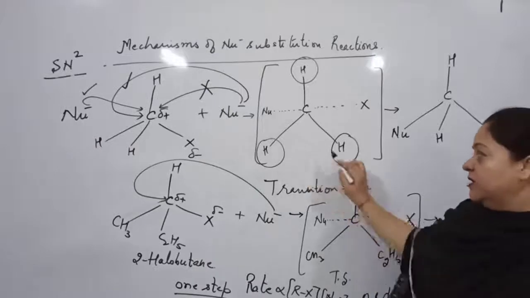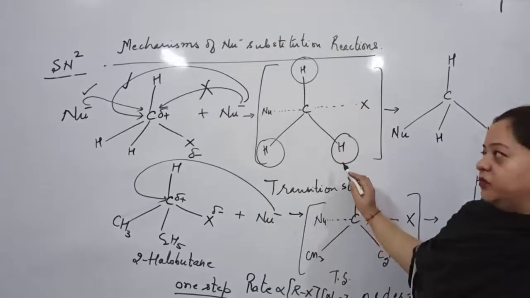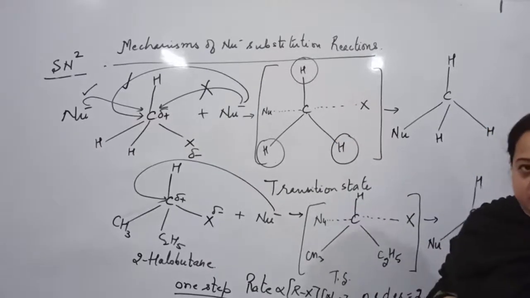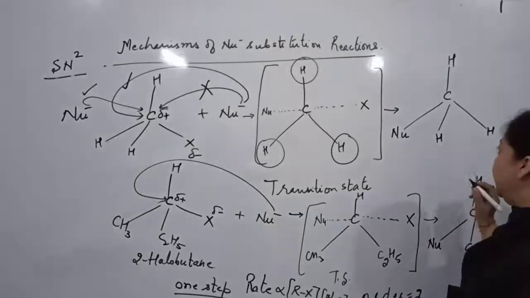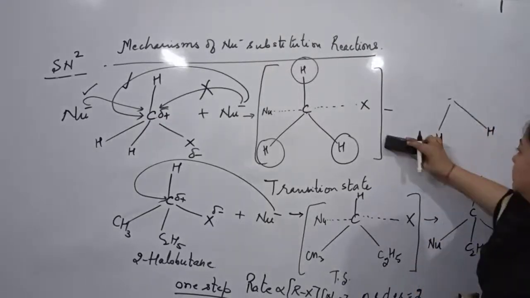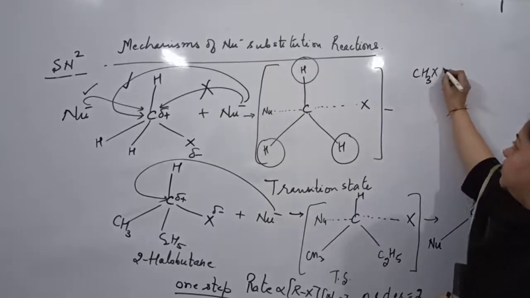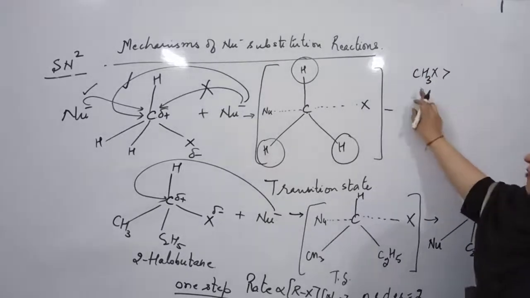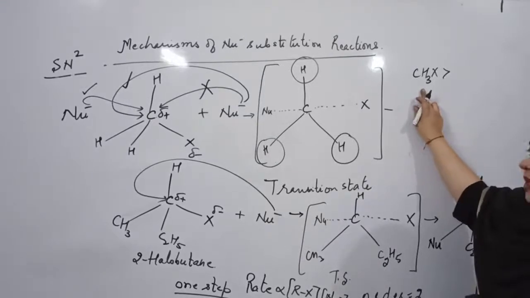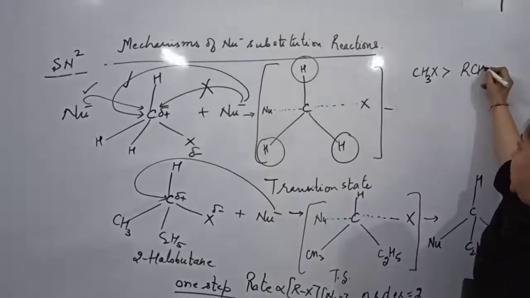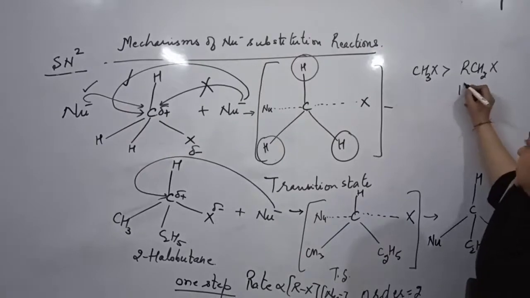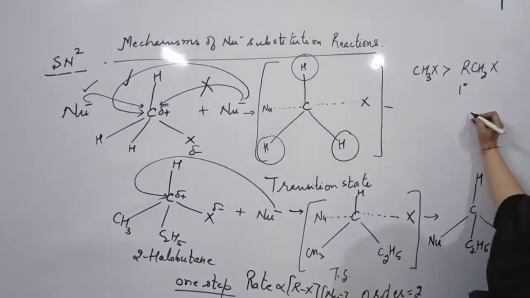So the larger these groups, the less the reactivity towards the SN2 mechanism. The simplest alkyl halide, that is methyl halide, is most reactive. When one of the hydrogens is replaced with an R group, that is RCH2X, this is a primary alkyl halide, it is less reactive.